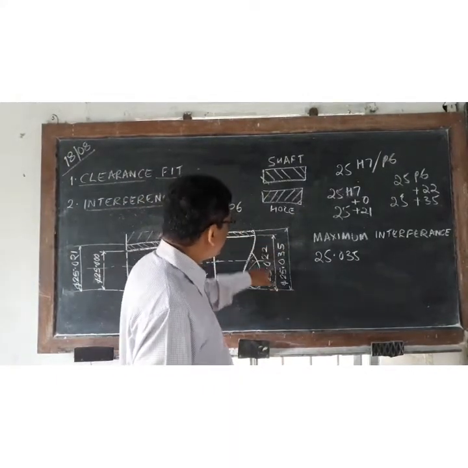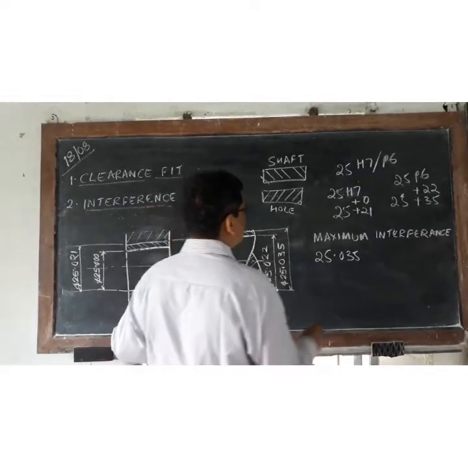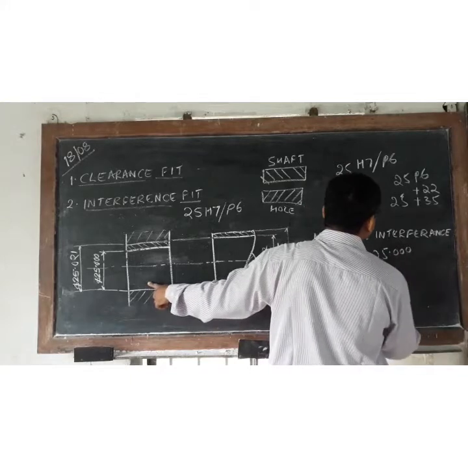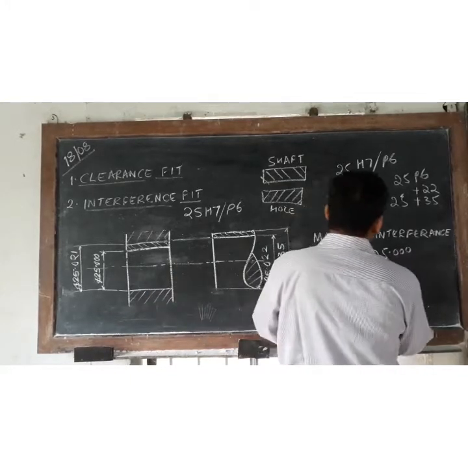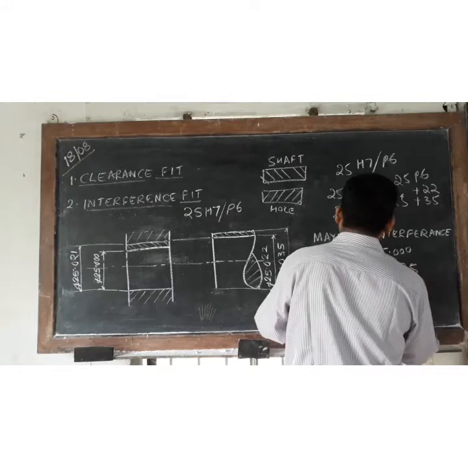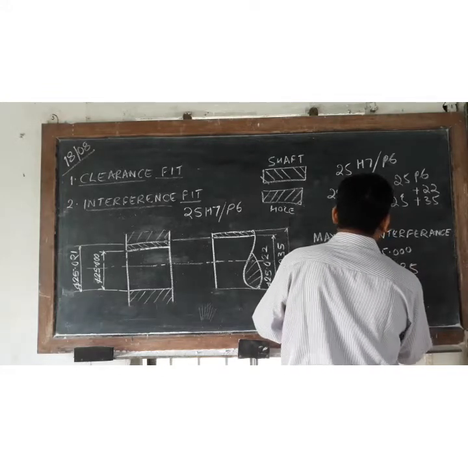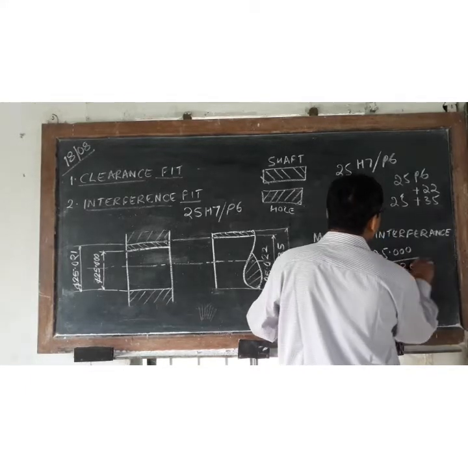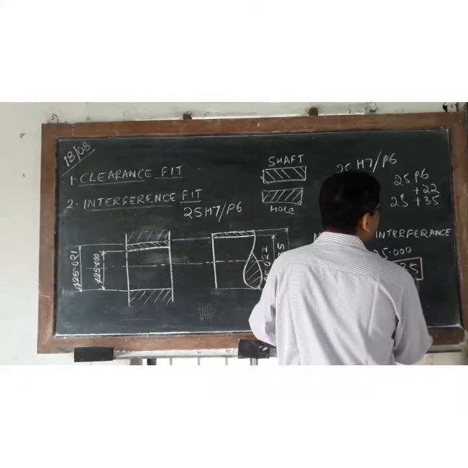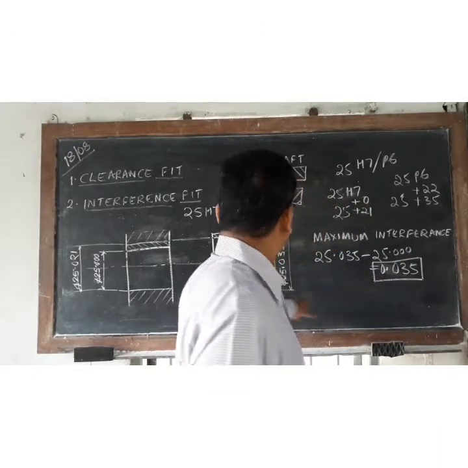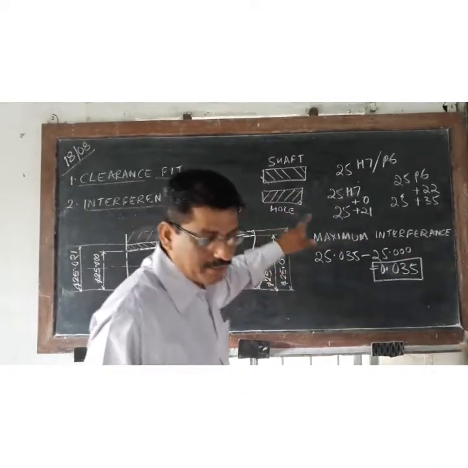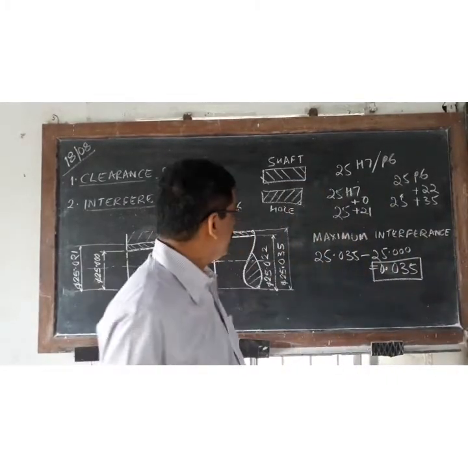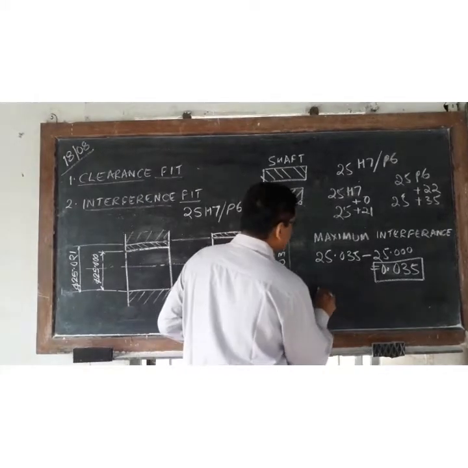So the maximum of shaft 25.035 minus the minimum of hole 25 is equal to 0.035. This is the maximum interference. Now, if you want the minimum interference.